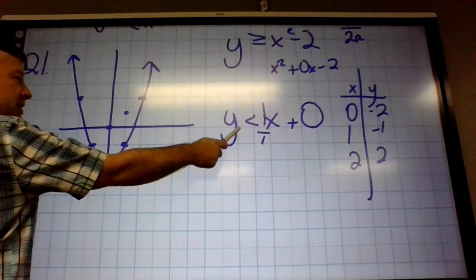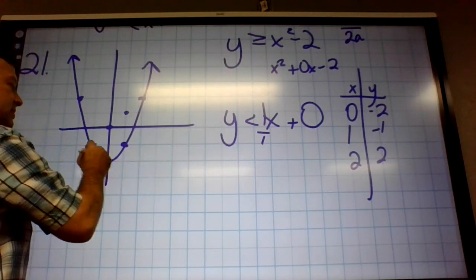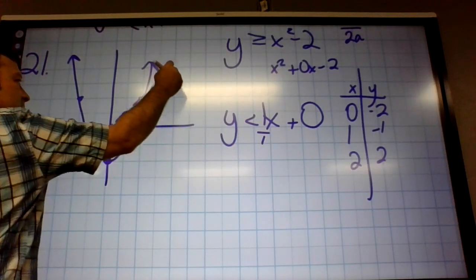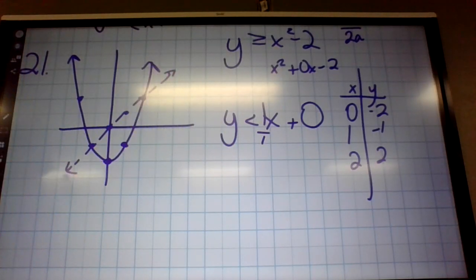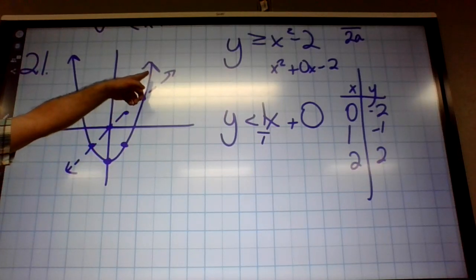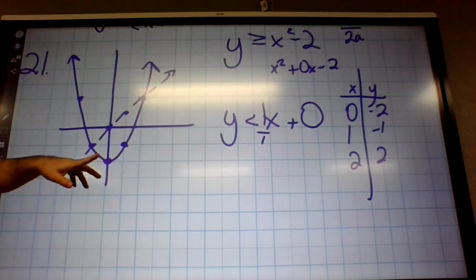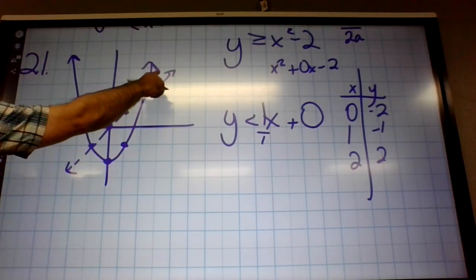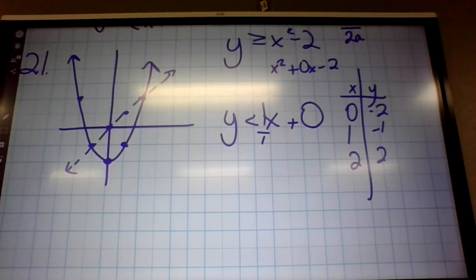And this line is dashed. Now, are there still 4 regions? 1, 2, 3, 4. Yeah, there are 4 regions. Well, these two would kind of be the same regions. It's kind of complicated.